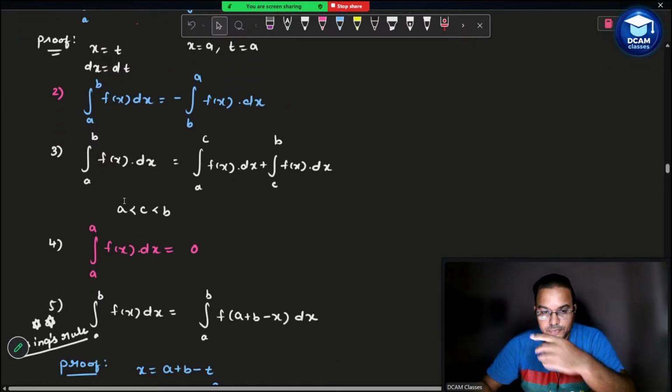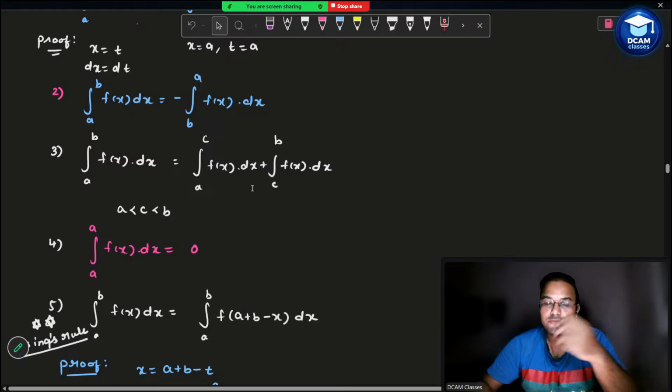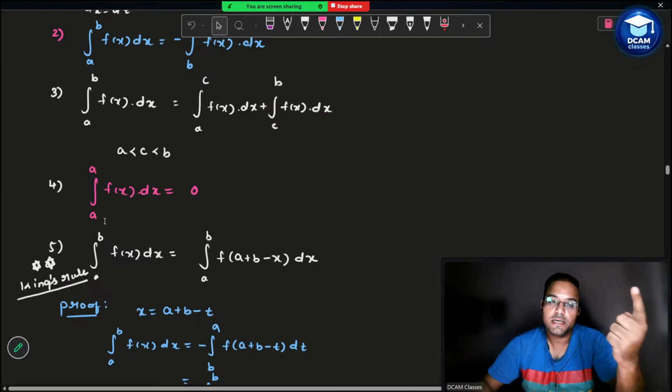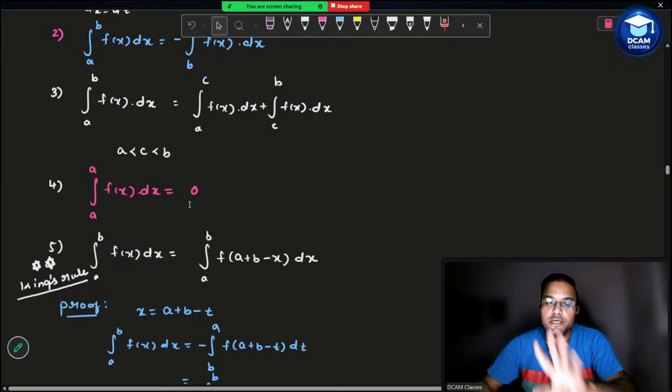The third property, we have been indirectly using in the step functions and in the modulus functions too, so we need not look into it because we are already using it. The fourth property is if the lower limit and the upper limit are the same, the value of the integral becomes 0.